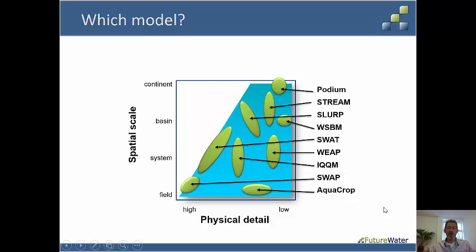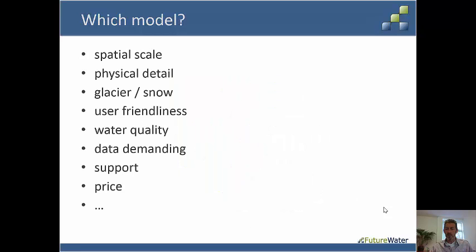Of course, there are other points which determine what is the best model. So what I said, the spatial scale and the physical detail are important, but also what kind of processes you would like to include. Sometimes glacier and snow processes are very important. Water quality might be an important aspect.